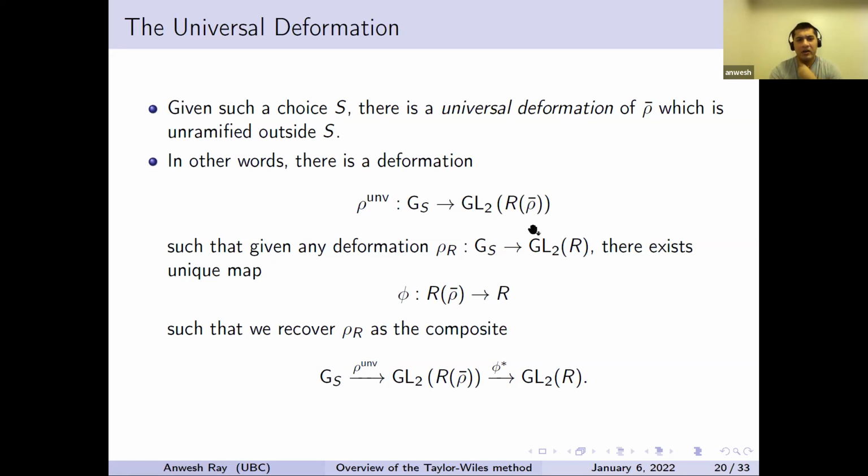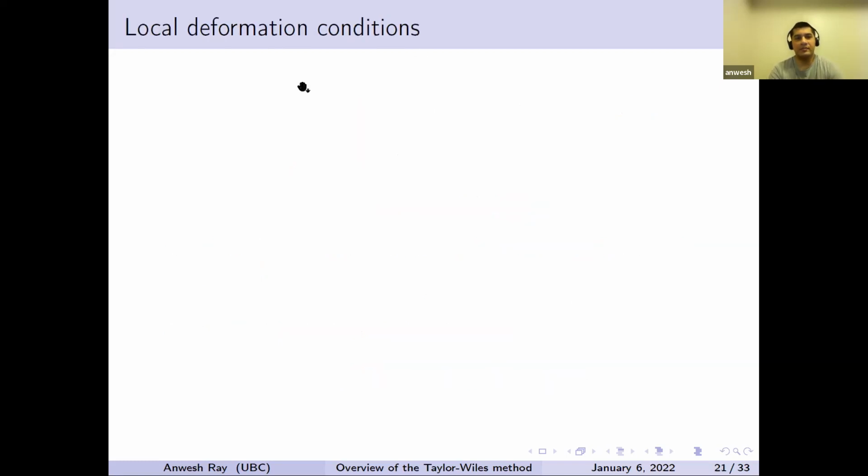Here R_rho-bar is called the universal deformation ring. This is a really important point. I just want to check with the audience if this point is clear. Any questions about what I've said so far? I'm going to pause for a few minutes. Okay, if there are no questions, let's continue.